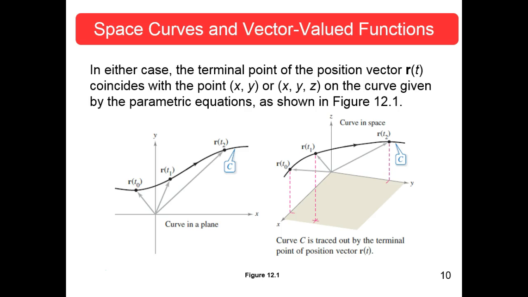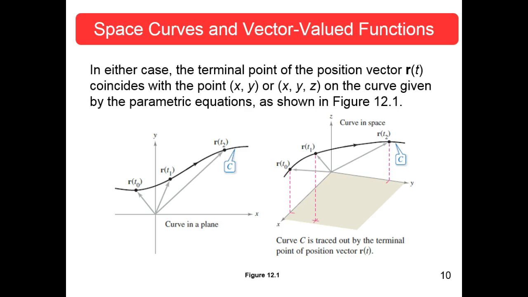At r of t1, you're somewhere here, so you're coming out of the plane like this, and then at t2, r is over there, and now you're on the y-axis, so you're in the yz plane. So you come out of the xz plane, out into the room a little bit to this point, and then you've gone back against that plane.